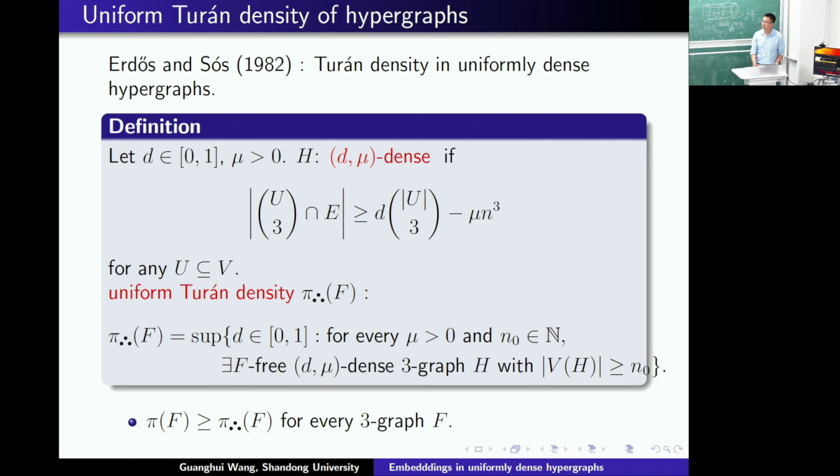So n is the number of vertices of H, right? Yes, n is the number of vertices, and the number of vertices of H is large. In the inequality, for any U of size at least mu n, because when mu is large, then it holds clearly.